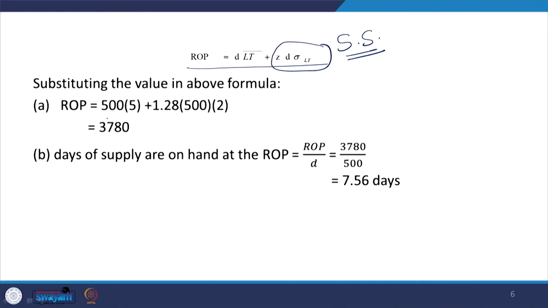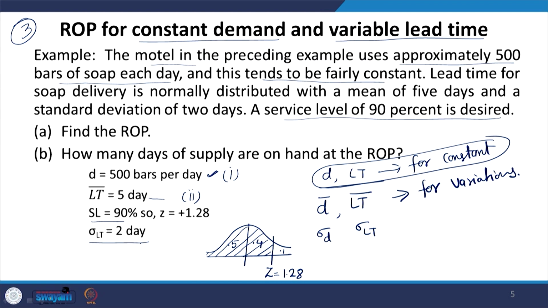Our daily demand, which is fixed, is 500 units, and the mean value of lead time is 5. So, this is the first term. Now, the second term is Z D sigma LT. The Z value is 1.28 because service level is 90%, D is 500, and the standard deviation of lead time is 2 days.